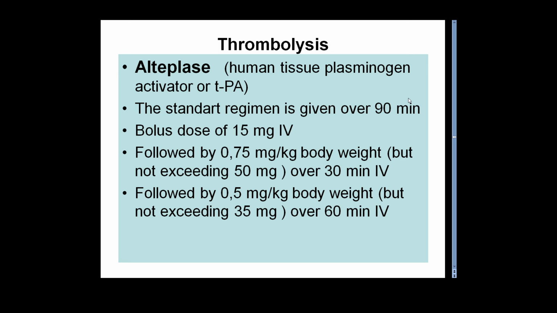Standard regimen is given over 90 minutes: bolus dose of 15 mg intravenous, followed by 0.75 mg per kilogram body weight, but not exceeding 50 mg over 30 minutes intravenous, followed by 0.5 mg per kilogram body weight, but not exceeding 35 mg over 60 minutes intravenous. Total dose not more than 100.